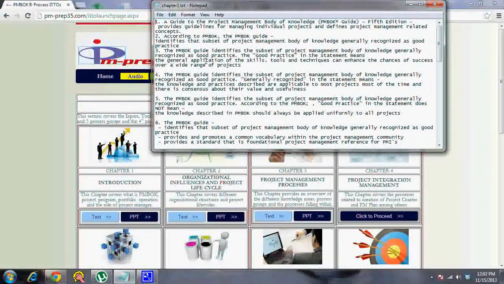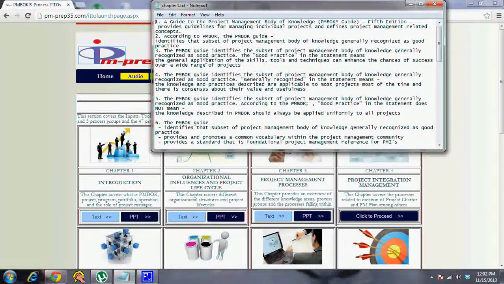Although there might be a vast area of knowledge available for management and project management as such, it just identifies a subset generally recognized as good practice.